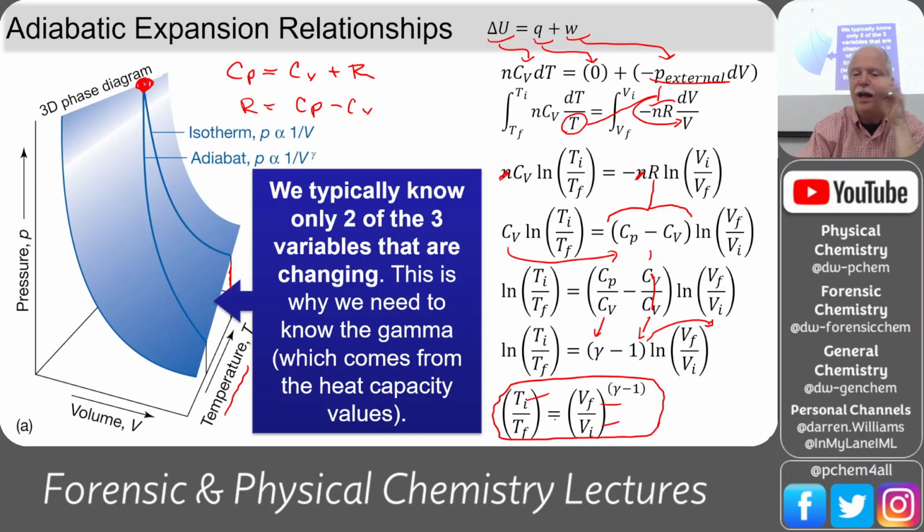Now we can use the ideal gas law to come up with the other relationships. If we solve for temperature, PV equals nRT, so T is equal to PV over nR. We could then put those in as ratios and cancel the things that don't change, and come up with other relationships where I have volume and pressure instead of volume and temperature.